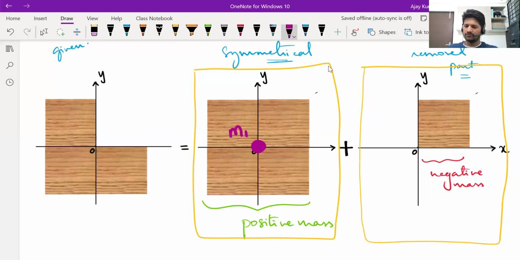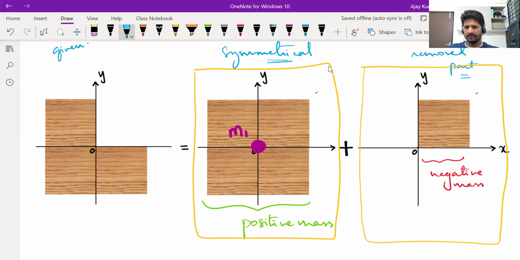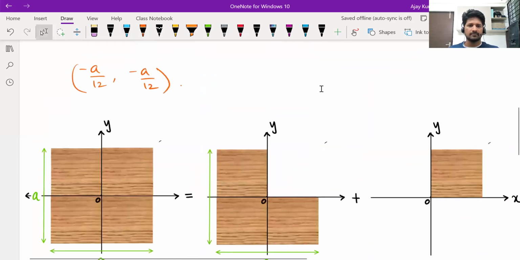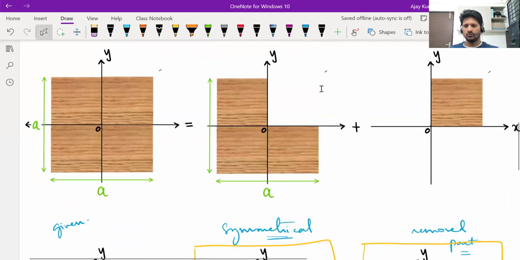Okay. Yusuf, tell me, where exactly is the center of mass of the small square? The removed part. So in this geometric center. Okay. Can you tell its coordinates? The full square side is A. So one-fourth side is A by 2.